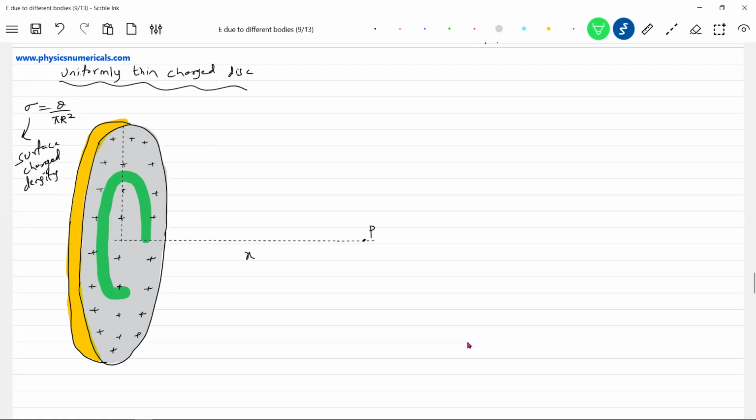a ring of radius R and thickness dr. I think this also we have done in the gravitation chapter. Even this was completed in the gravitation chapter.